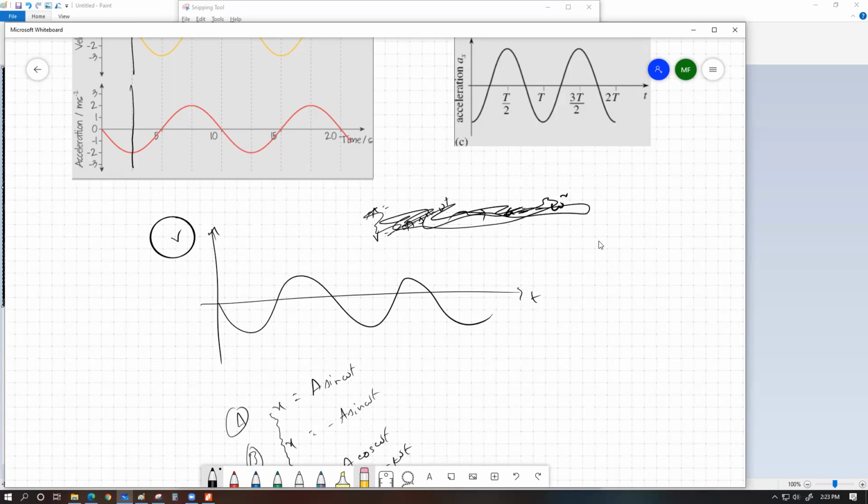V is a minus sine t graph. So acceleration is going to be with what graph? What graph should acceleration be? I'm not writing the equation. I'm just writing the basic graph expression. Velocity is expressed as a minus sine t.